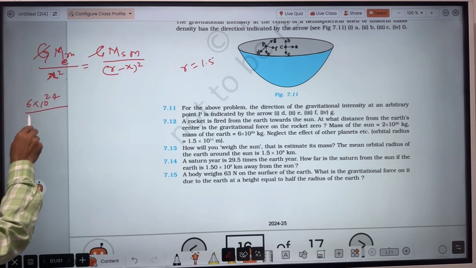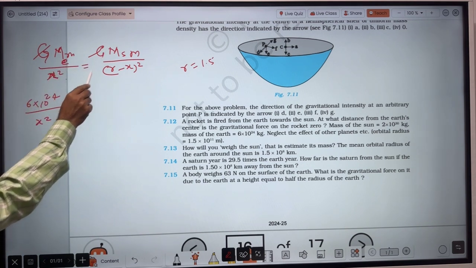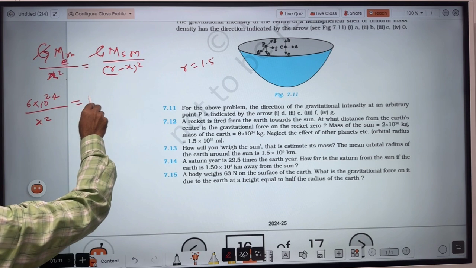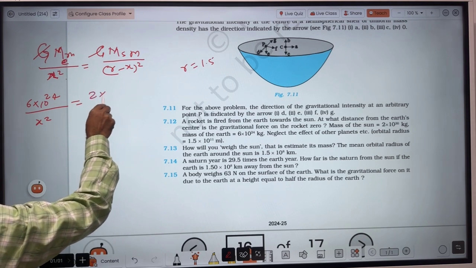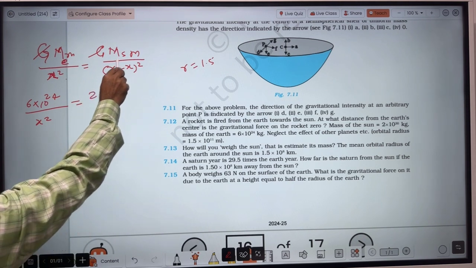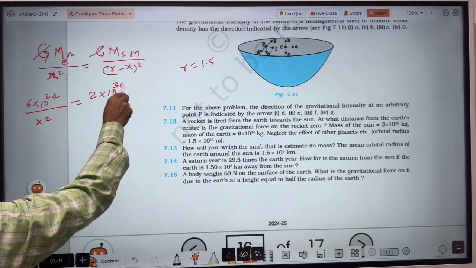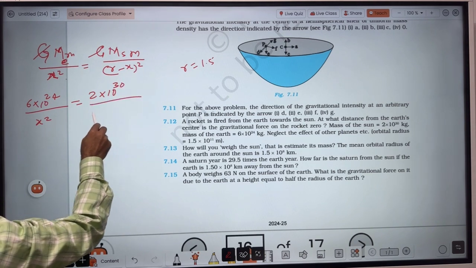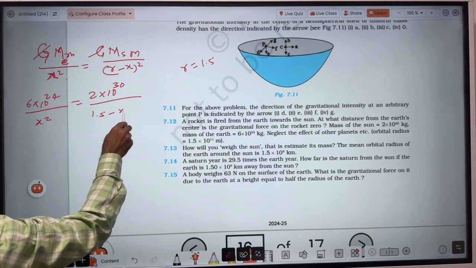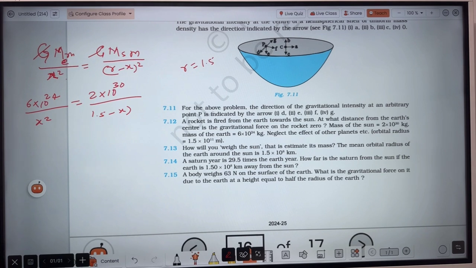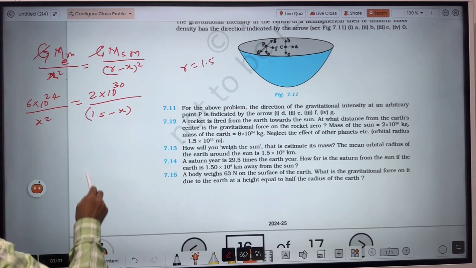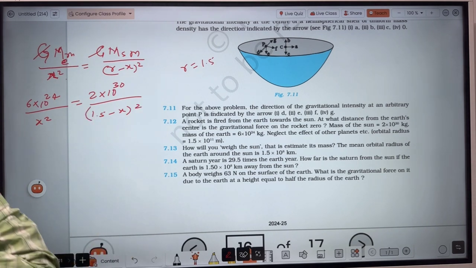Mass of Earth, that is 6 into 10 to the power 24, m will cancel out, and then X square equal to, take care, mass of sun is 2 into 10 to the power 30, divided by 1.5 minus X whole square.